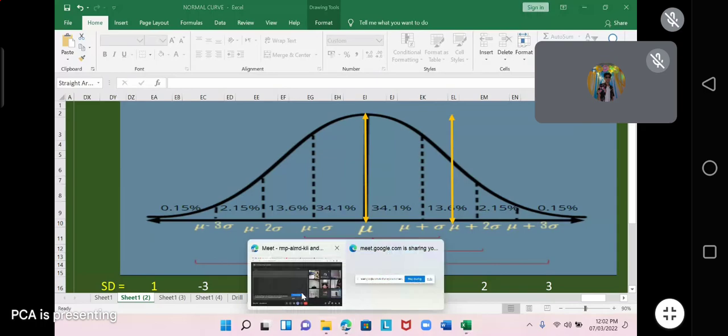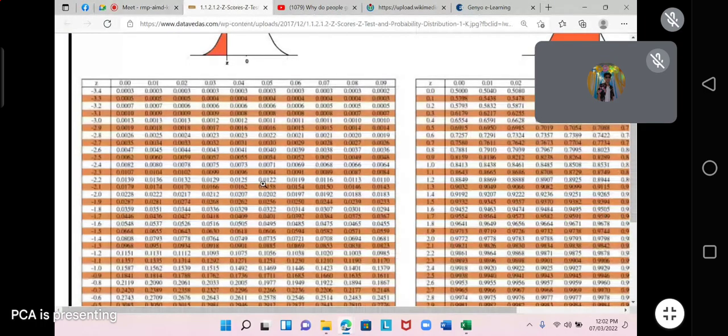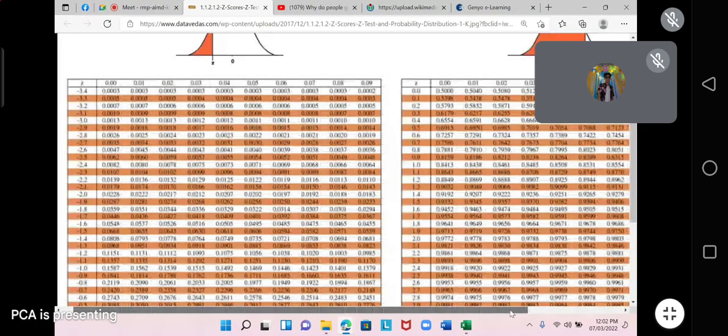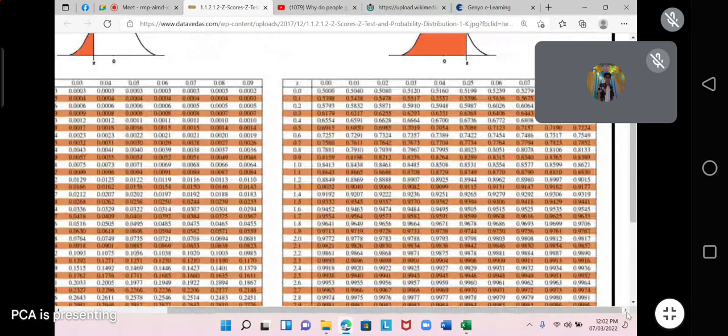The area there would be, go to the z-score, it's 1.58. Sige, punta na sa chat box for those who are so ahead there. 1.58 is here, no? 1.58 is actually 0.9429. Remember, that is your area. That is 94.29%. It's 0.9429.